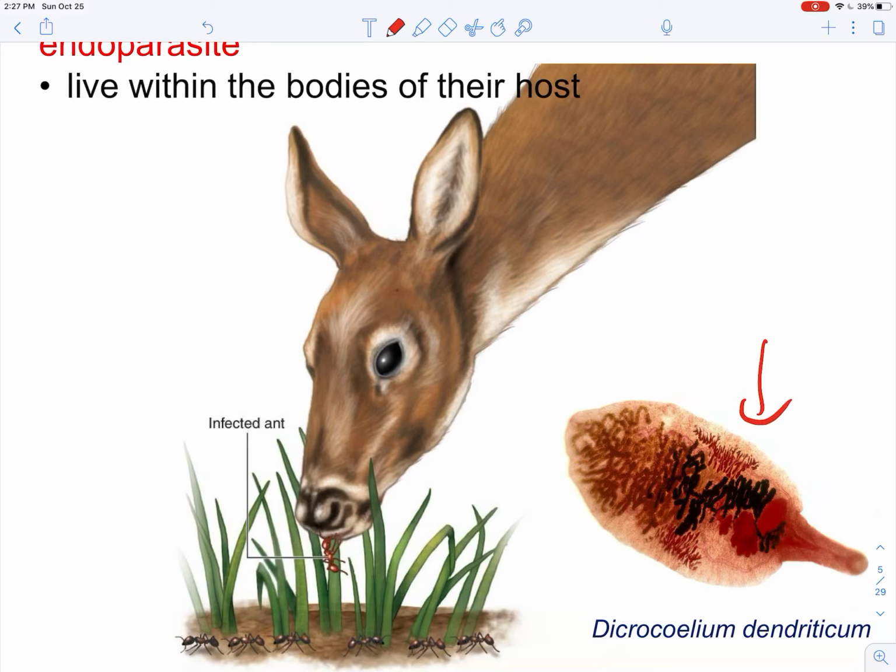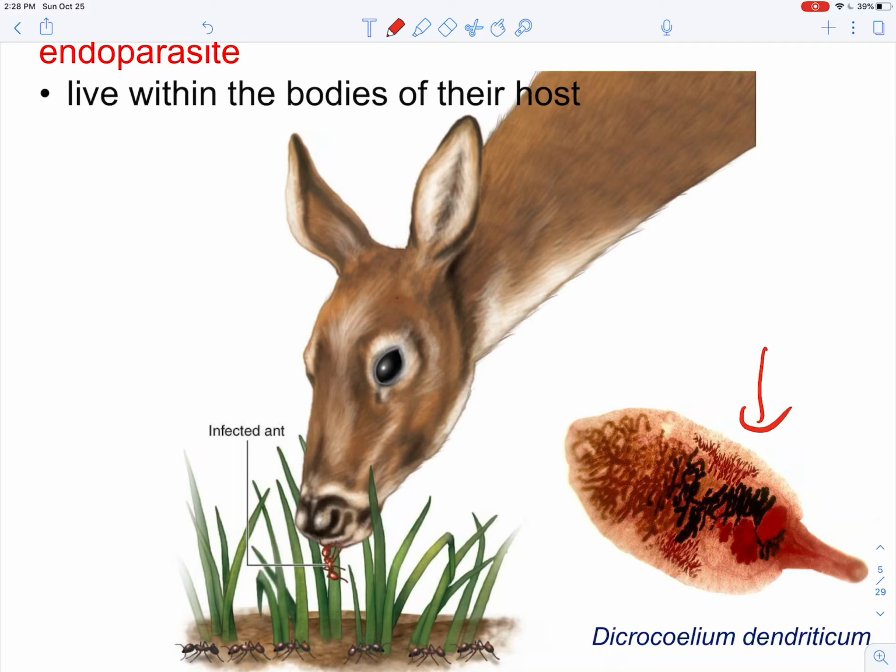So the example that I'm showing you here is a parasitic flatworm. And there are multiple steps in this parasitic relationship in the life cycle. At one stage of its life form, this parasitic flatworm, Dicrocoelium dendriticum, is living in its juvenile stage within ants. And the ant is considered to be an intermediate host.